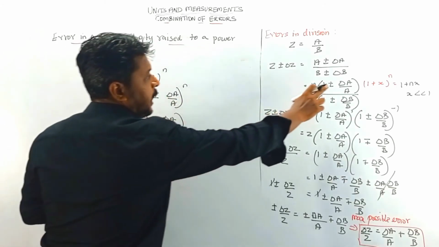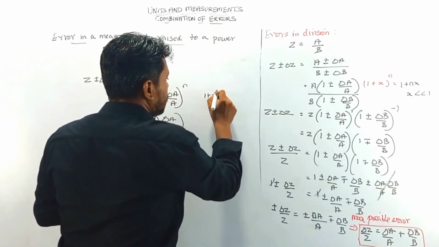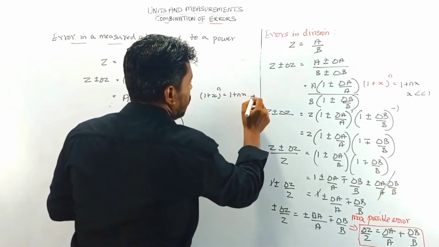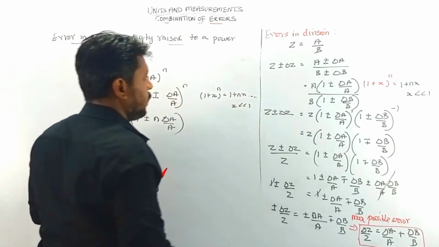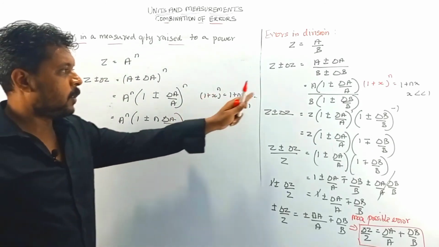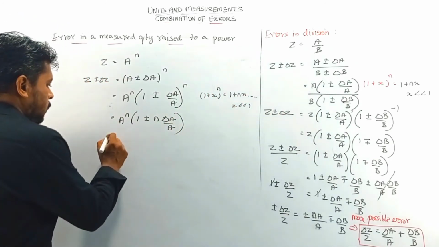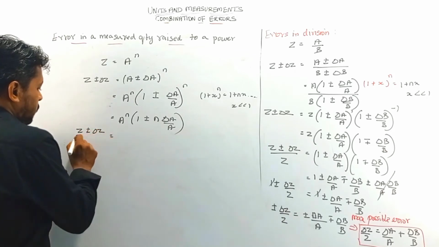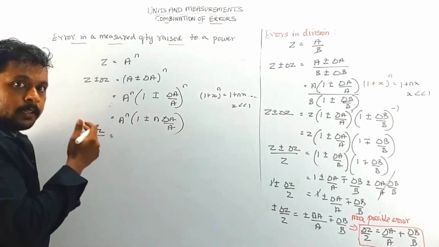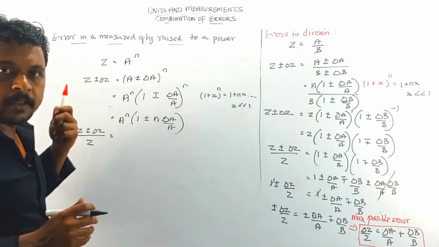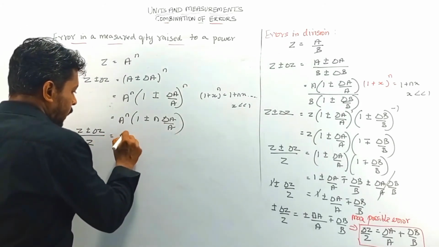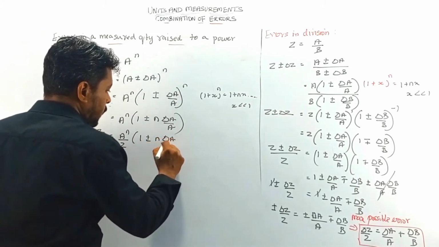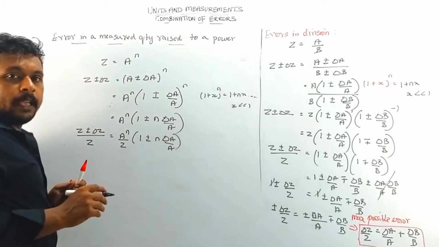I am following the same concept: 1 plus x whole power n is equal to 1 plus nx for x less than 1. I am following the same thing here also. Next I am dividing both LHS and RHS by z. So a power n by z, 1 plus or minus n into delta a by a.